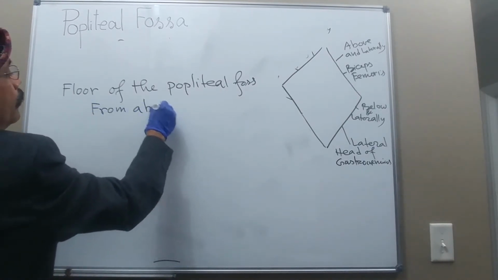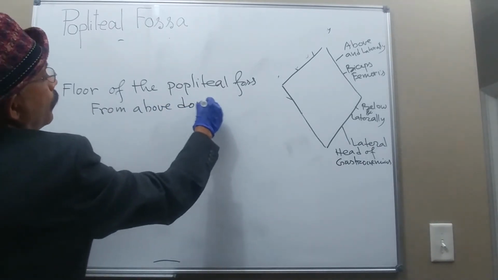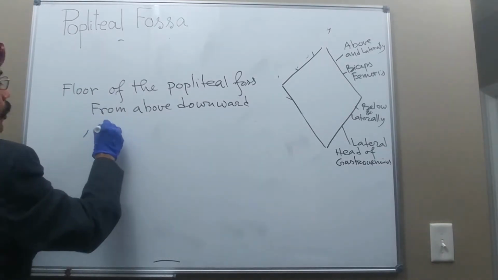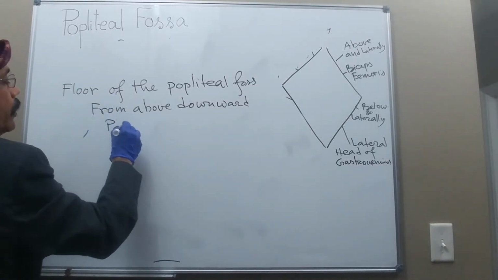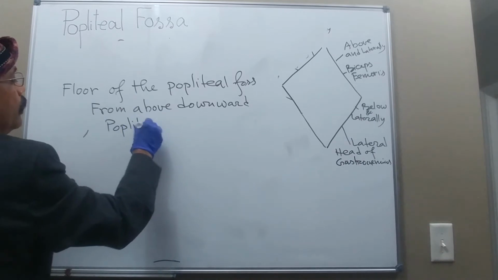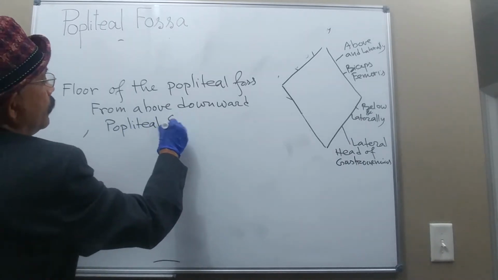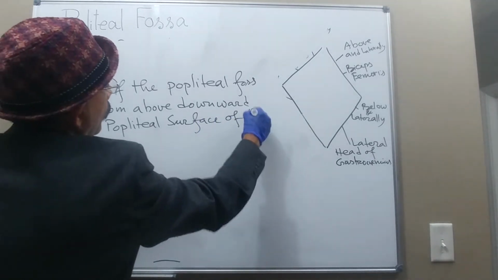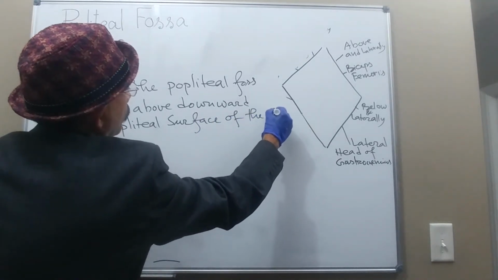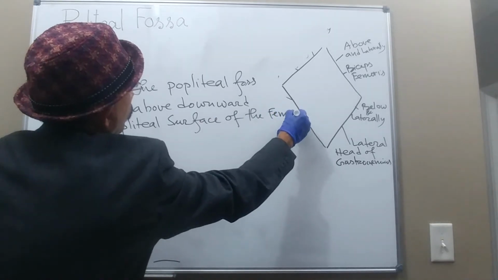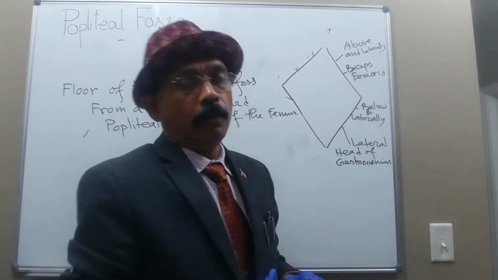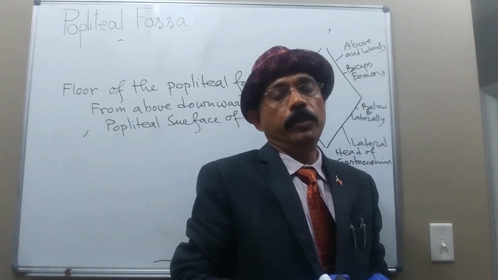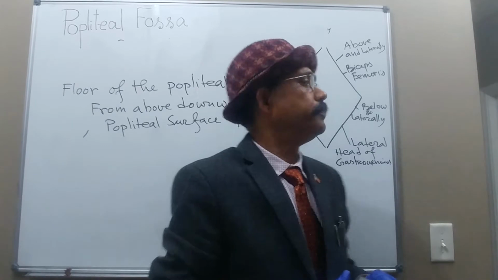From above downwards, we have the popliteal surface of the femur, that is the lower third of the back of the femur.